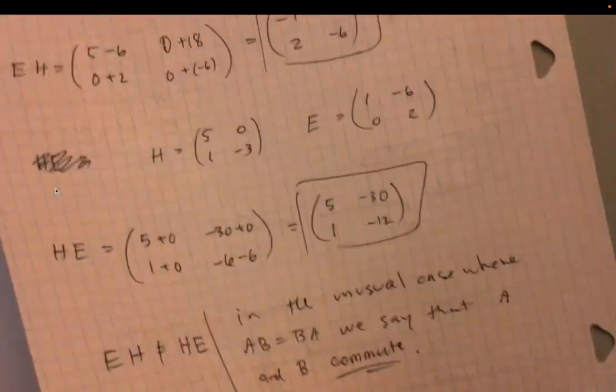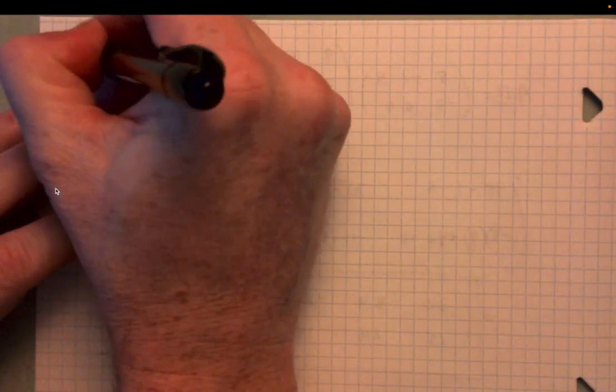perfect. All right, now let's jump into a theorem that describes some of the properties of matrix multiplication. It's not too laundry listy, but a little bit.